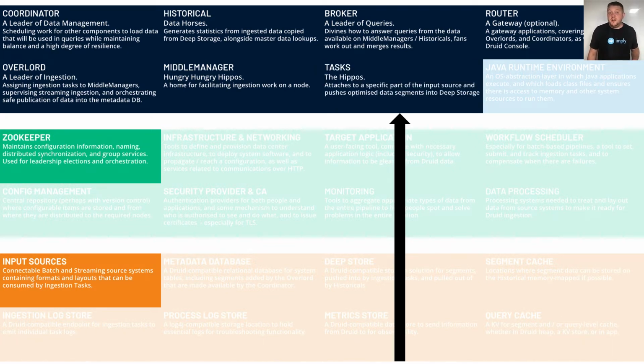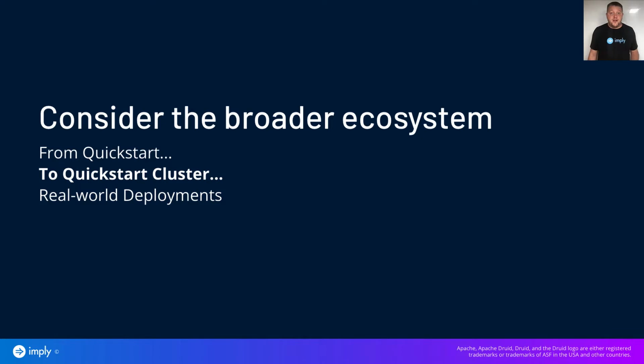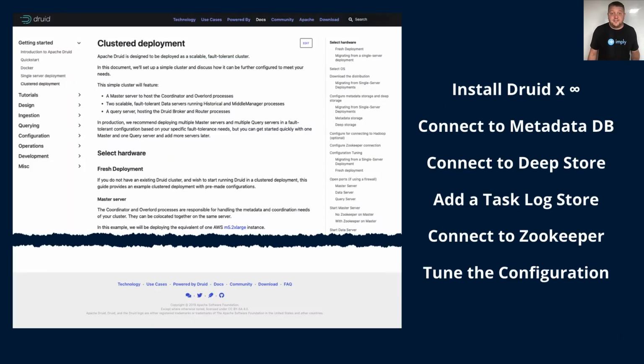You'll also learn that Druid can parallelize ingestion, as middle managers can spawn multiple tasks, with each tasked to ingest a particular portion of your source system's data, and that each of these needs to be allocated its own cores and memory. Your next big leap probably comes when you first spin up a cluster.